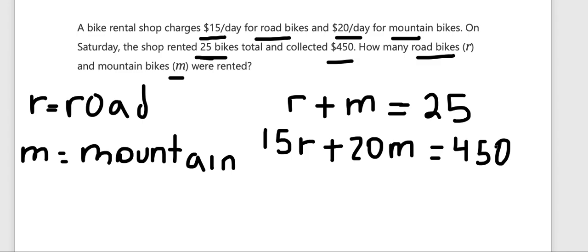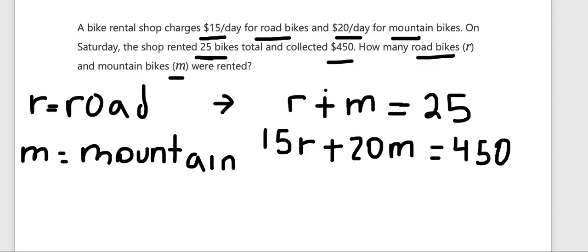Okay, so now that you have the equations, we have three ways to solve a system of equations. We can graph them, we can use substitution, and we can use elimination. I'm not going to graph it because first of all, they didn't provide graph paper, and that's way too much work. The second one is substitution, where I can substitute one of the variables. In order to do that, I'll have to solve for one variable, which I can do. I can take the first equation, R plus M equals 25.